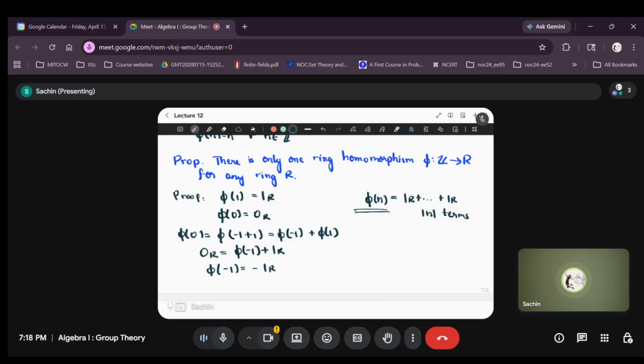You take the identity in the ring R and add it modulus of n times, with n terms, if n is greater than 0. Or if n is a negative number, then you add minus 1, minus of the identity.